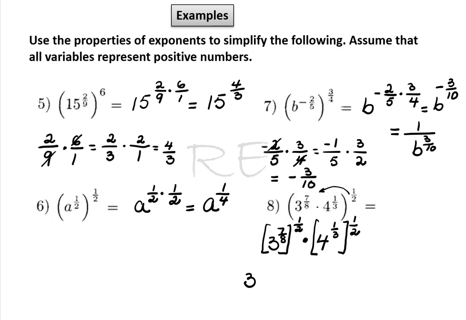It's 3 to the 7/8 times 1/2 times 4 to the 1/3 times 1/2. Numerator by numerator, denominator by denominator. 7 times 1, 7. 8 times 2, 16. 3 to the 7/16. 1 times 1, 1. And 3 times 2, 6.